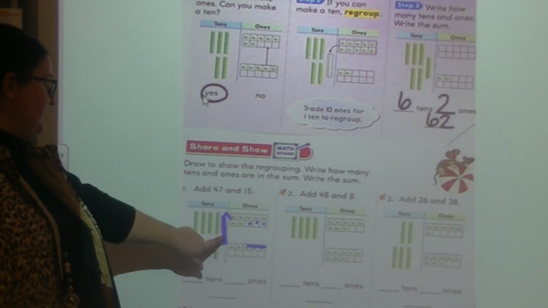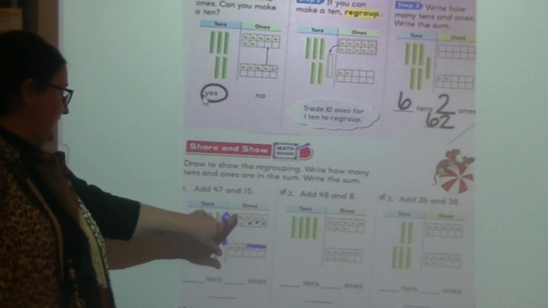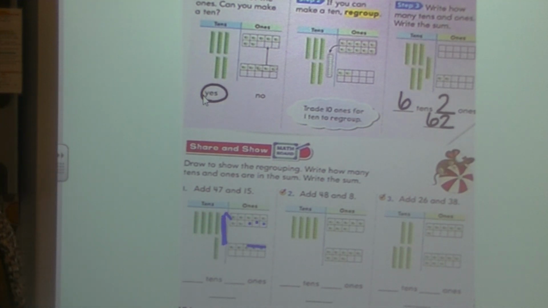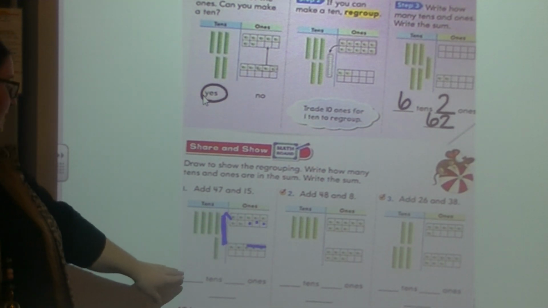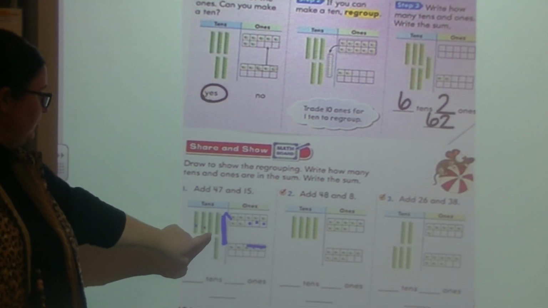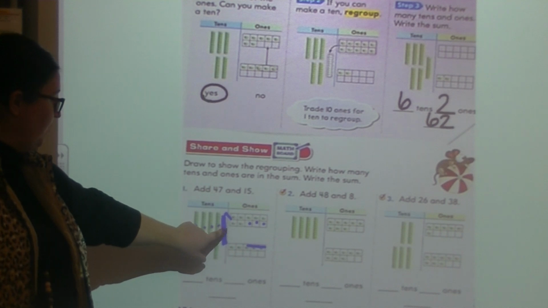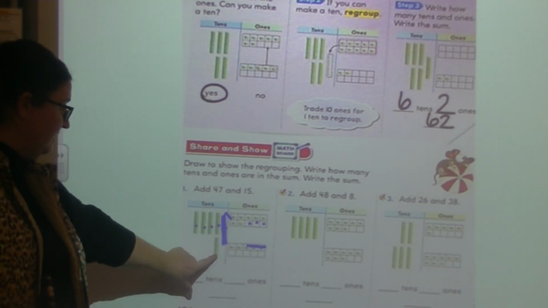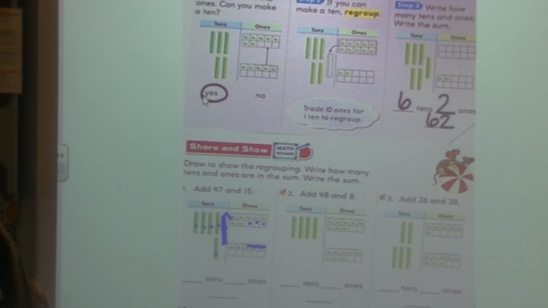So this is my extra rectangle. These are inside of here now. Let's count how many 10s we have now. 1, 2, 3, 4, 5, 6.